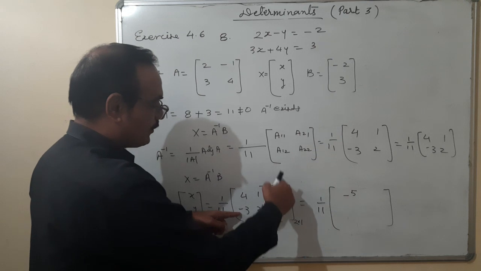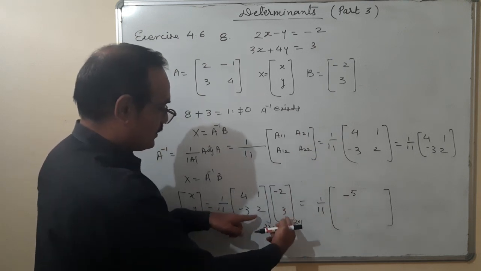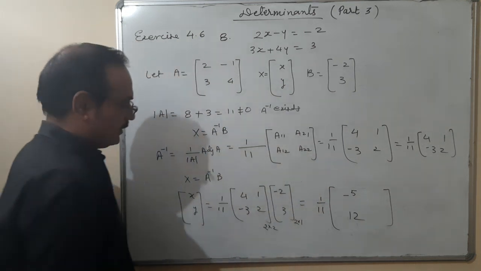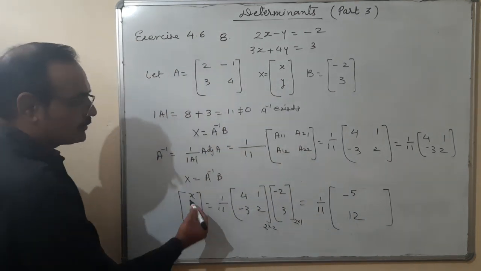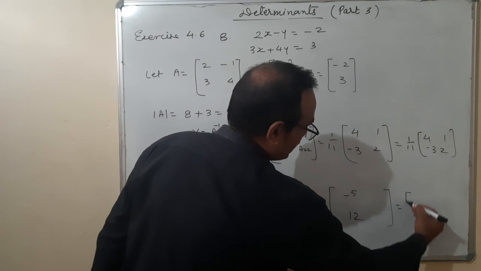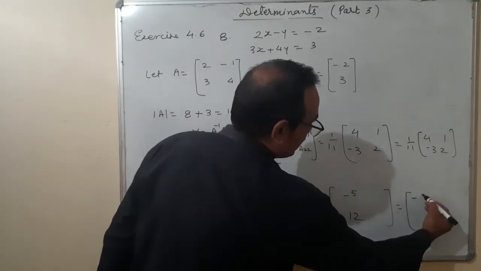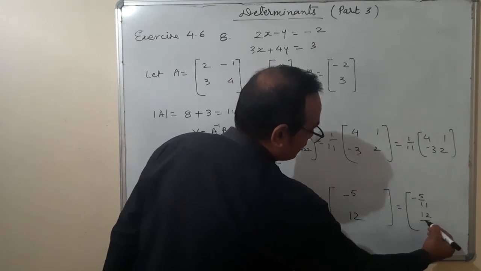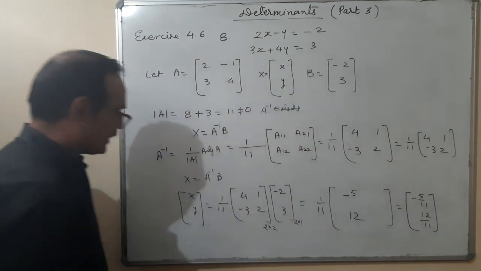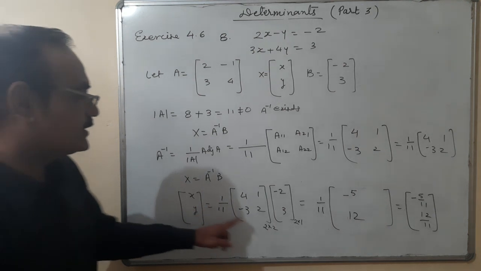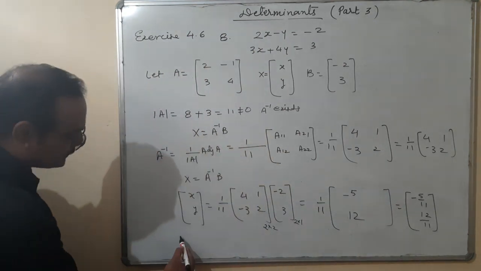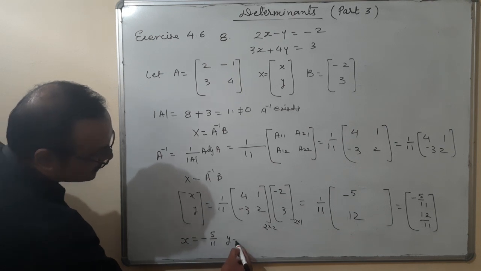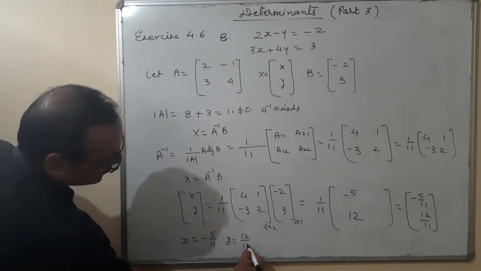After that, second row first column, 6 plus 6, it is 12. So that means X is equal to, or I can multiply it inside, minus 5 upon 11 and 12 upon 11, which can be compared with x, y. So x is equal to minus 5 upon 11, and y is equal to 12 upon 11.